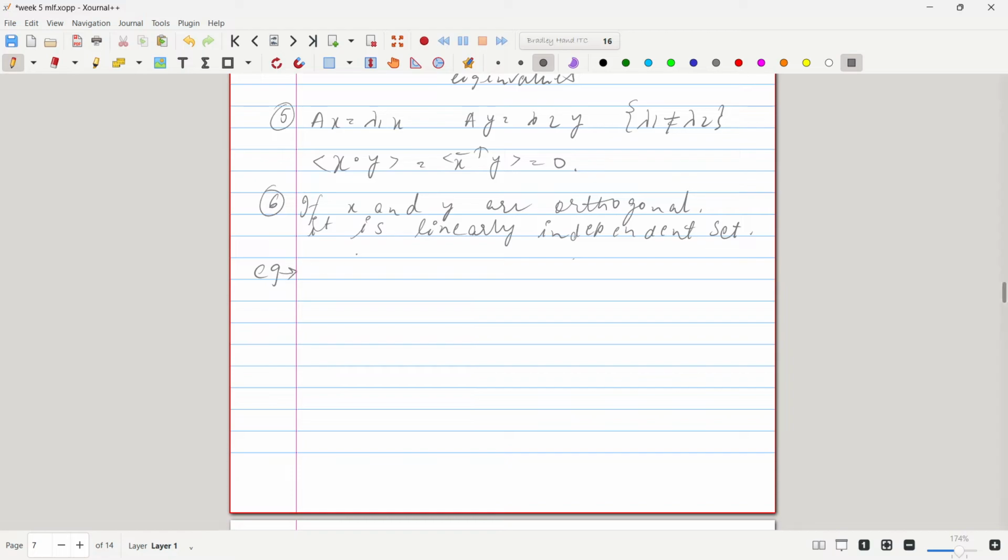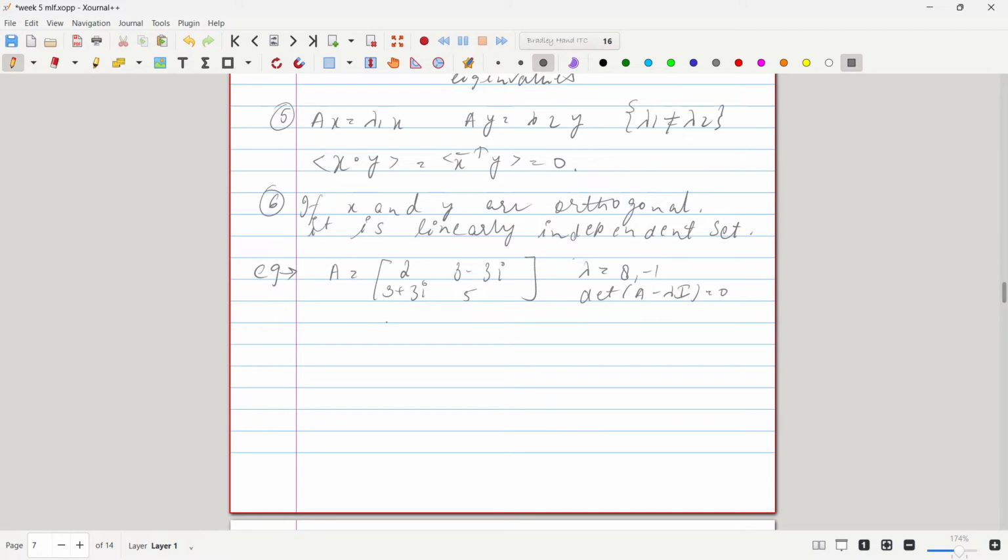Let's take an example. Suppose you have matrix A as 2, 3 minus 3 iota, 3 plus 3 iota, and 5. You need to find the eigenvectors. Now you have to see the eigenvalues are 8 comma minus 1. How will you find them? By taking the determinant of A minus lambda I equal to 0.